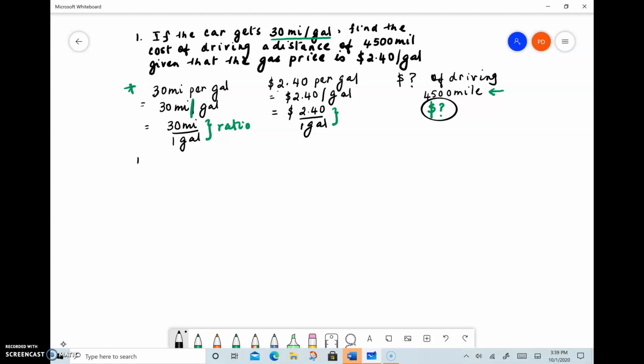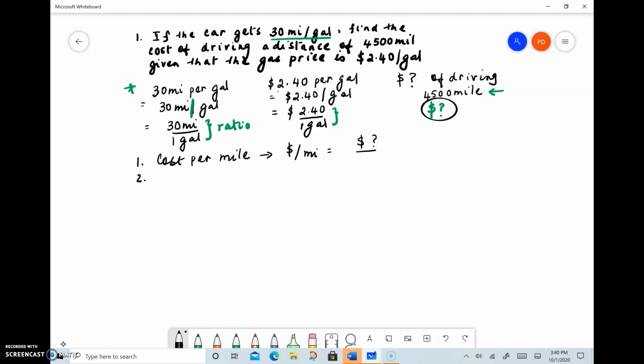So the first step to this solution, let's break it up into 2 steps. We're going to find the cost per mile, right? How much does it cost to travel 1 mile? So that is cost, which is in dollars, per mile, which is the dollar amount, whatever that is.